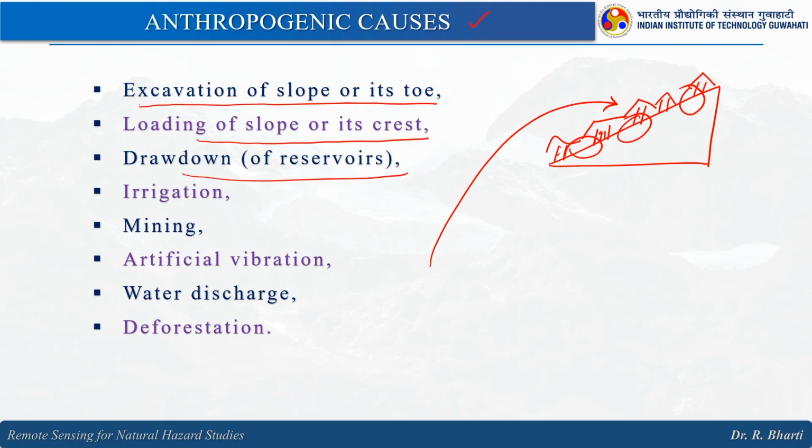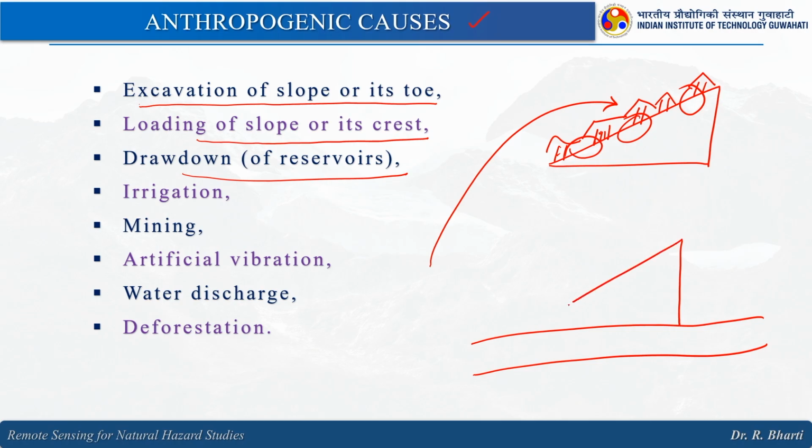Then drawdown of reservoirs. So, let us say here this is a river and here you have a slope, right. Under normal condition, groundwater table and surface water, this is stable, but if there is a change in the water table or the surface water, what will happen? There will be change in the moisture condition of this particular block, right. Because of that also these slopes can fail.